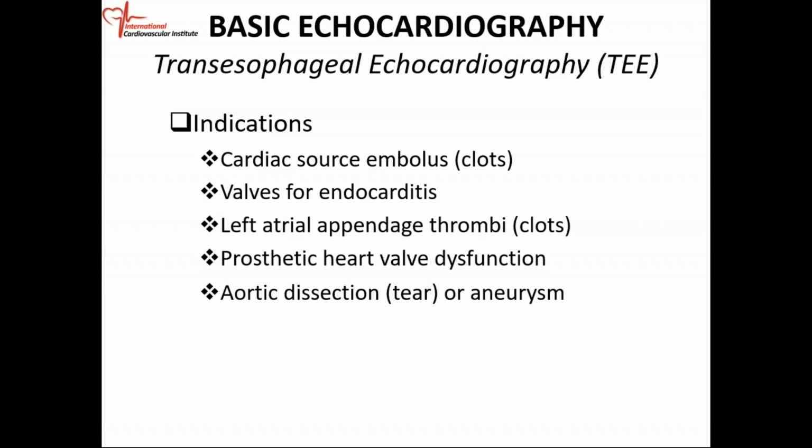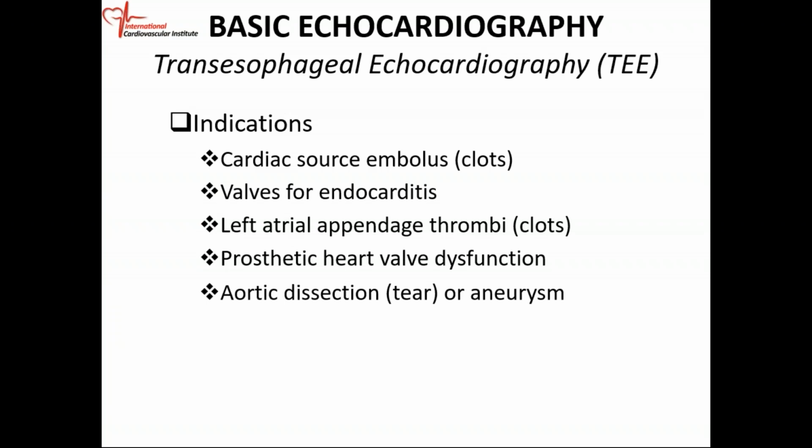Prosthetic heart valve dysfunction: if the patient has usually a mechanical prosthesis or sometimes a bioprosthetic valve, and you have indication that the valve is not functioning well, or the patient may present with shortness of breath and things like that, and you want to look better at the valve, then transesophageal echo is a very good tool to utilize. Aortic dissection, that is a tear in the aorta.